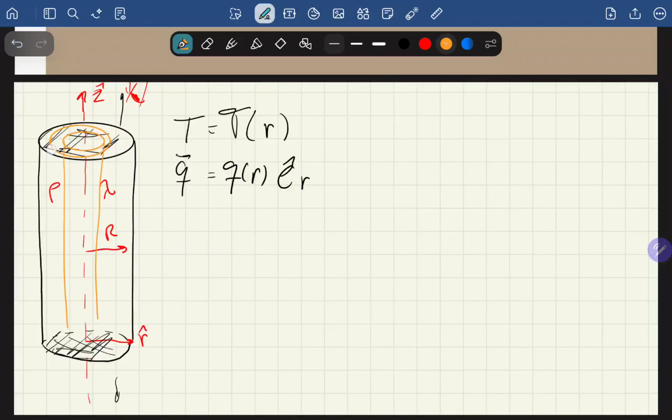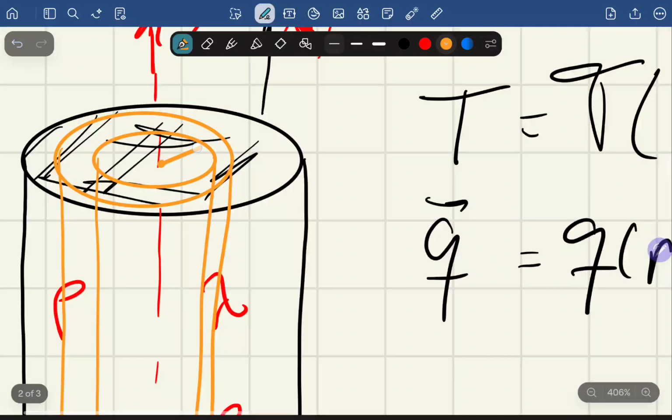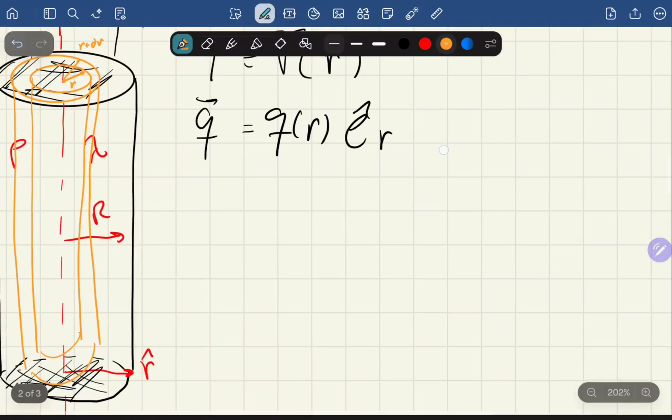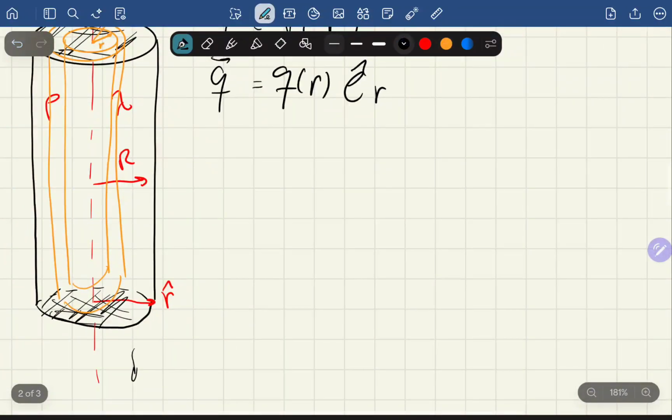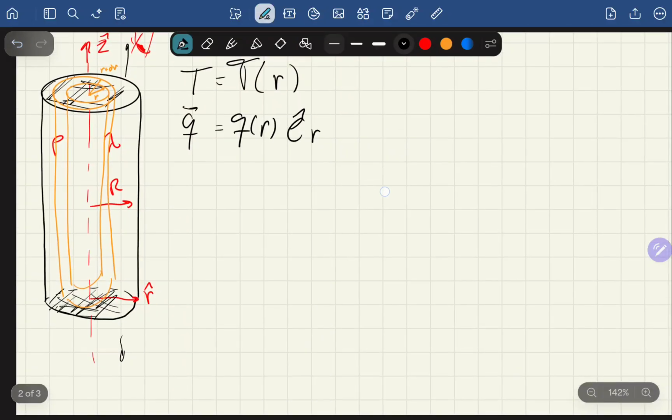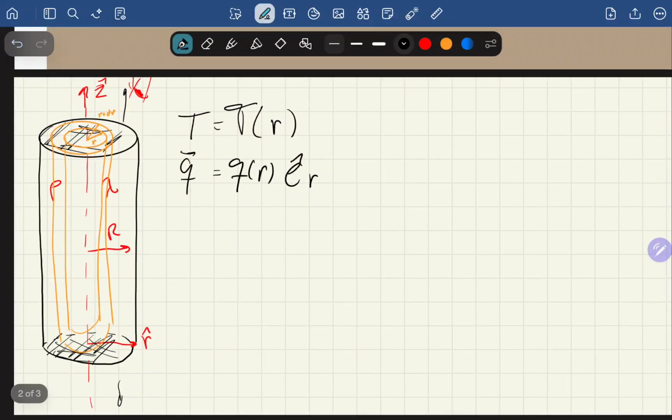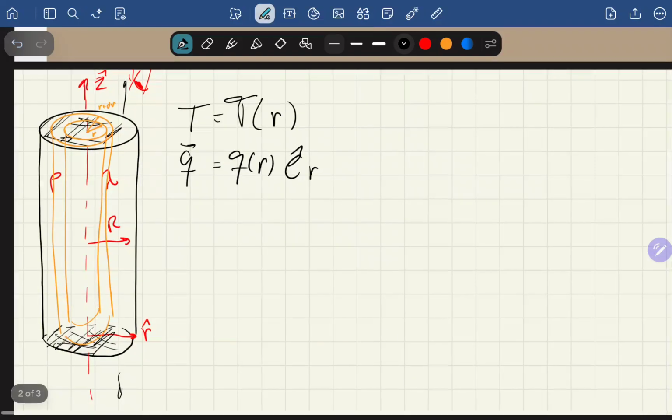It behaves similarly to our system, physically. So we're going to have this ring with small radius r and big radius r plus dr, right? And we can write our energy balance equation, because we defined the symmetries and we have our control volume, so we can just write the energy balance equation for this control volume.